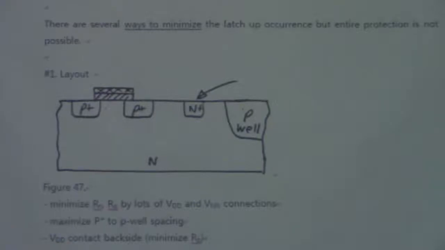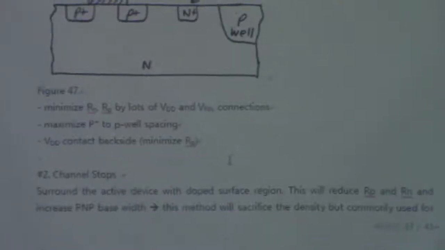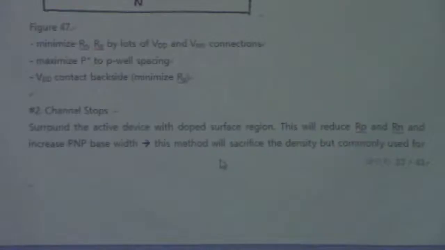VDD contact at the backside, so that you can minimize the RP. That is one thing you can do. And another thing is the channel stop ion implantation. Surround the active device with a doped surface region. This will reduce the RP and RN obviously, and increase the PNP vertical base width.